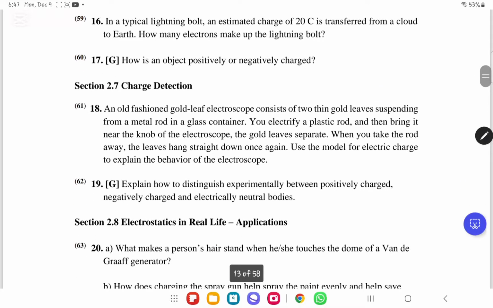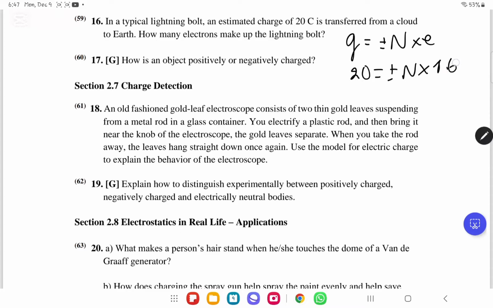In a typical lightning bolt, an estimated charge of 20 coulombs is transferred from a cloud to Earth. How many electrons make up the lightning bolt? We have Q is equal to plus or minus N times E. We have Q is 20, it's equal to plus or minus N times the elementary charge, which is 1.6 times 10 to the negative 19. We're going to divide, so it becomes 20 divided by 1.6 times 10 to the negative 19.